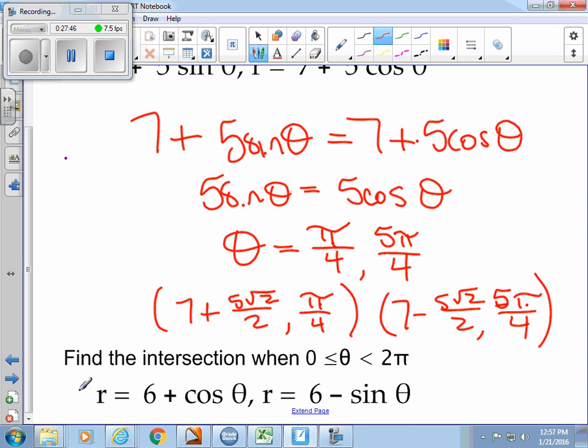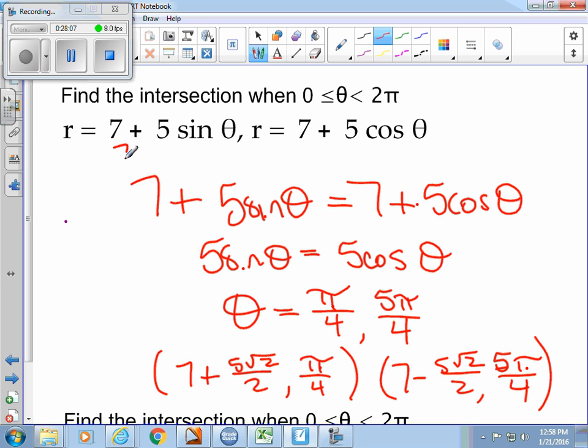Any questions about those? When you plug in 5 pi over 4, Aaron, the sine of 5 pi over 4 is in the third quadrant, so it's negative. So you just plug that in.